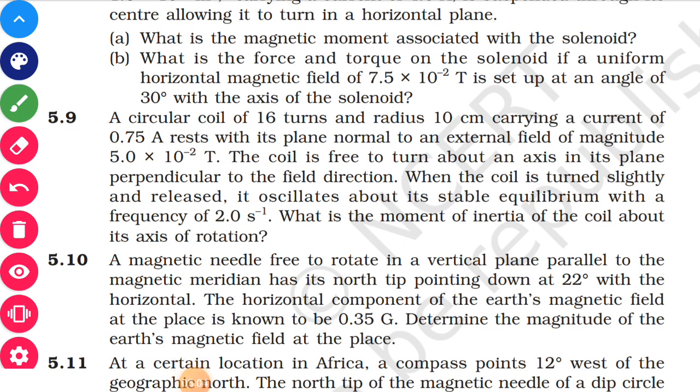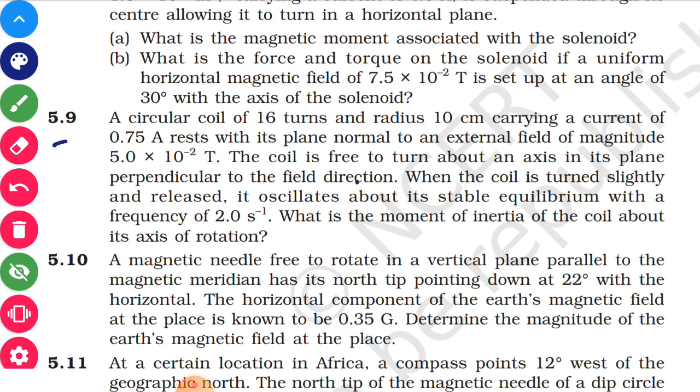Now question number 9 we shall discuss. A circular coil of 16 turns and radius 10 centimeter carrying a current of 0.75 ampere rests with its plane normal to an external field of magnitude 5 × 10^-2 Tesla.